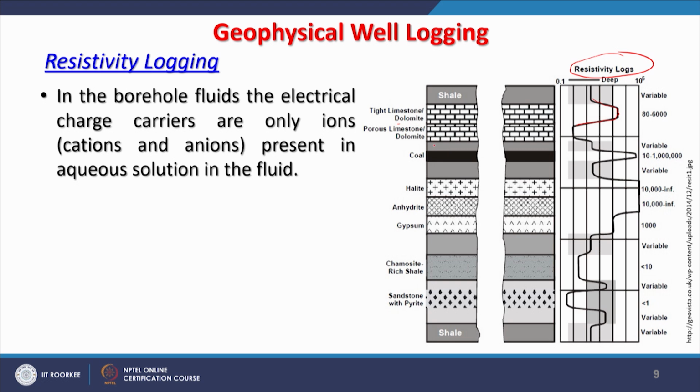Then again we encounter the shale, so it goes back, and then we get a coal which has very high resistivity, and so on we keep getting. So, when we compare the lithological log along with the resistivity log, good interpretations can be made about the subsurface conditions of the lithology present there.